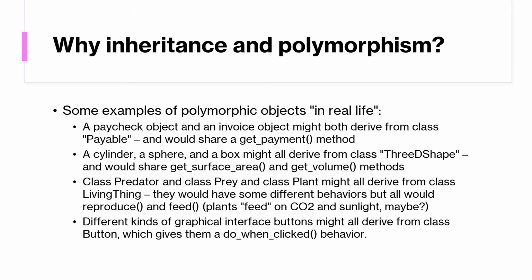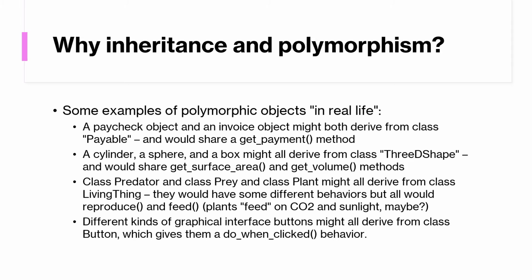Okay, some examples of polymorphic objects in real life that you could maybe relate to a little better. A paycheck object and an invoice object might both derive from a parent class called payable. And they would share a get payment method that tells the company that's tracking its paychecks and its invoices how much it needs to pay each of those things.